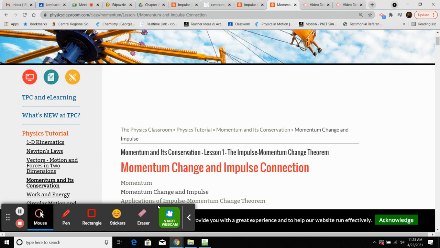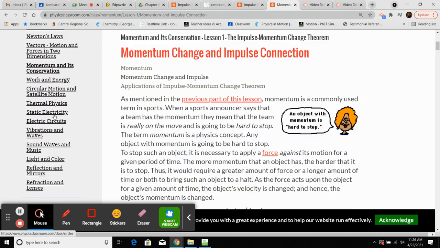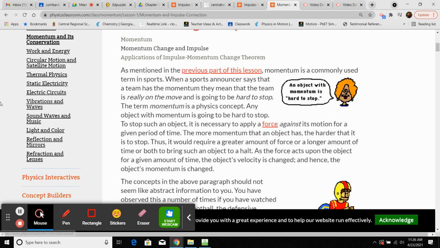Begins with an F. Applying a force. So a net force that's greater than 0 is going to cause a change in motion, or an acceleration. An acceleration is a change in velocity over a certain period of time.